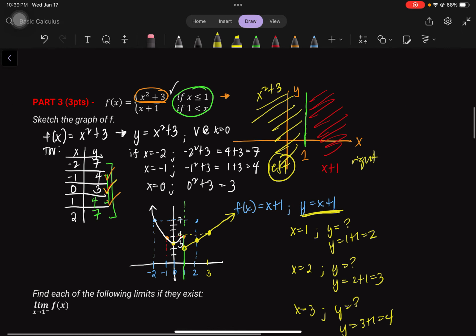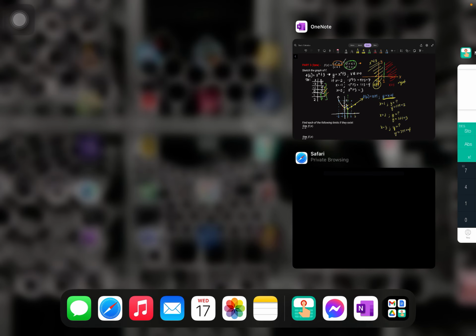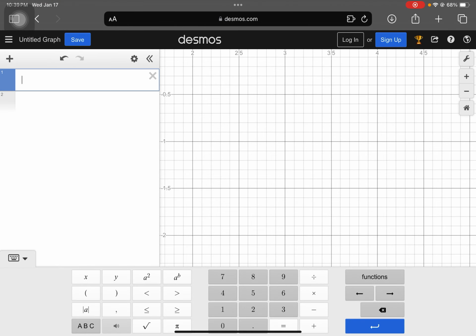So, para mas maganda yung ating pag-graph, let's use our Desmos. So, tandaan lang natin yung given natin. So, we have y is equal to x cubed. Sorry. Palitan na lang natin.